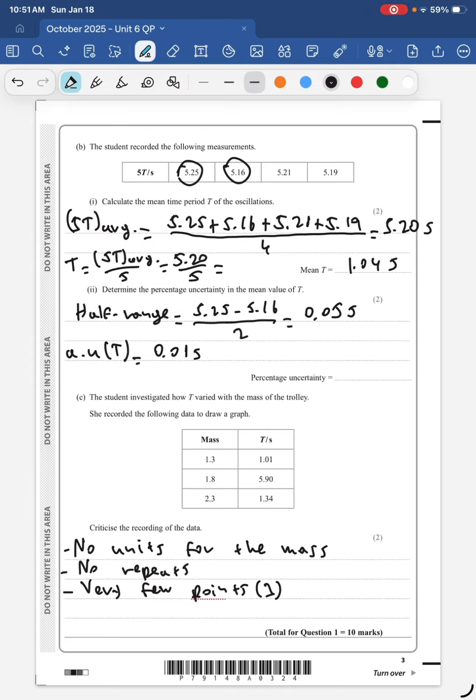Just 3 points is not enough. Let me see. This measurement here looks a little bit off compared to the other two. T should be in between. So I guess they forgot to divide by 5 there.